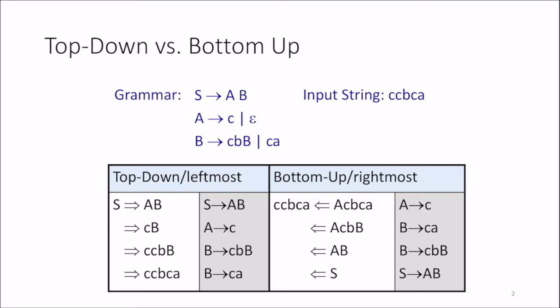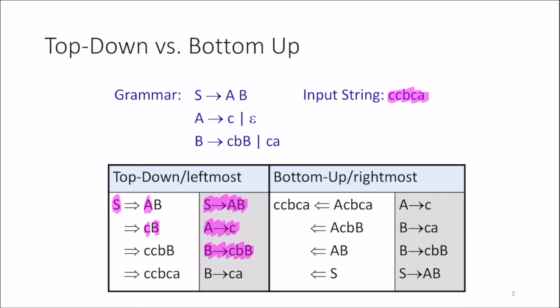There are two possible ways you can go about trying to show that this input string here, CCBCA, is in fact accepted by this grammar. The first is to go top down, starting from the start symbol S. And we say that, well, what can S expand to? It can be expanded by this rule, S goes to AB, and we get AB. We take this A and then use A goes to C to expand it to this C here. And then we take this B, use this rule, B goes to CBB.